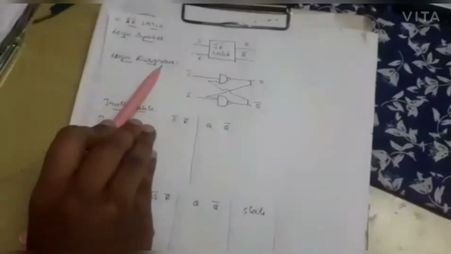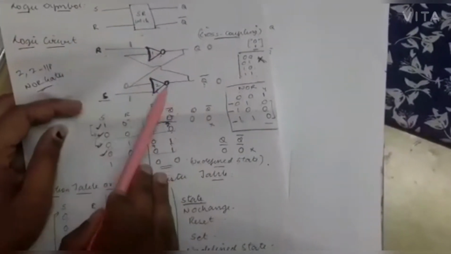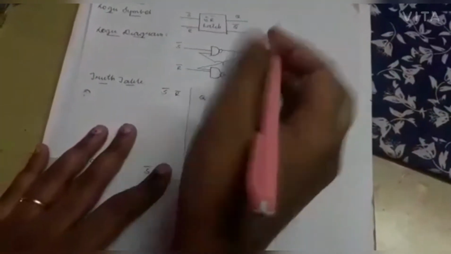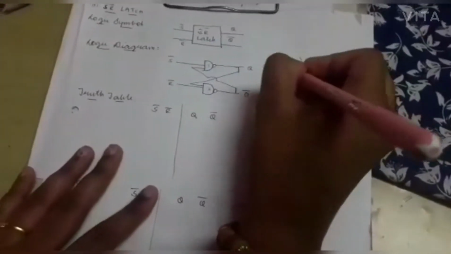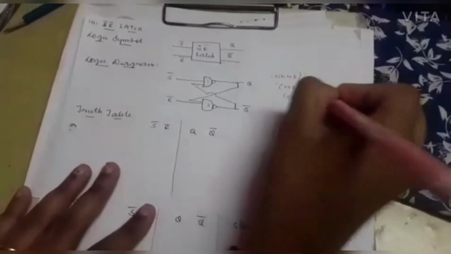Now coming to the logic diagram. How will the logic diagram actually look? It is similar to that of an SR latch, but the main difference you observe is that the gates we used in the SR latch were NOR gates, but in the S bar R bar latch, the main change is that we are going to use NAND gates. So these are two NAND gates. Let me number them 1 and 2, and here also it is the same construction using cross coupling.